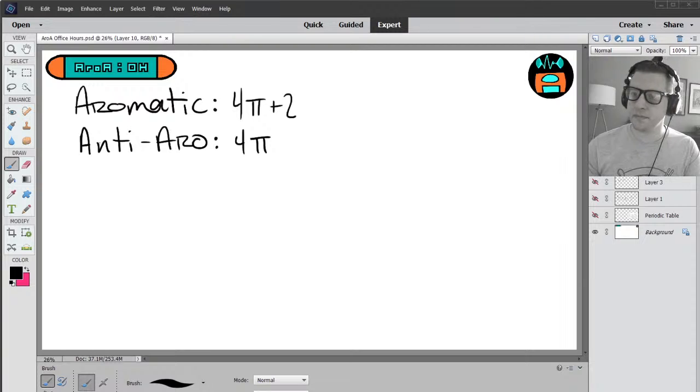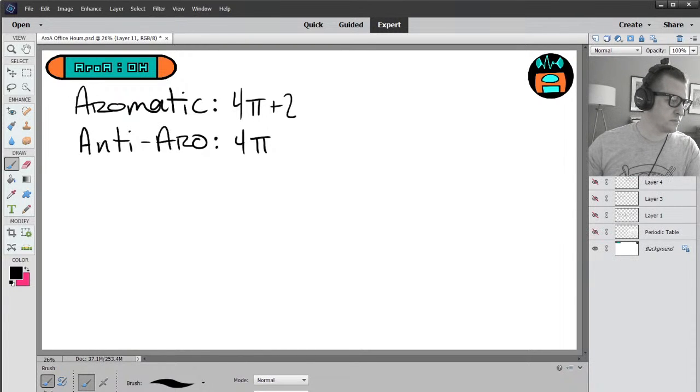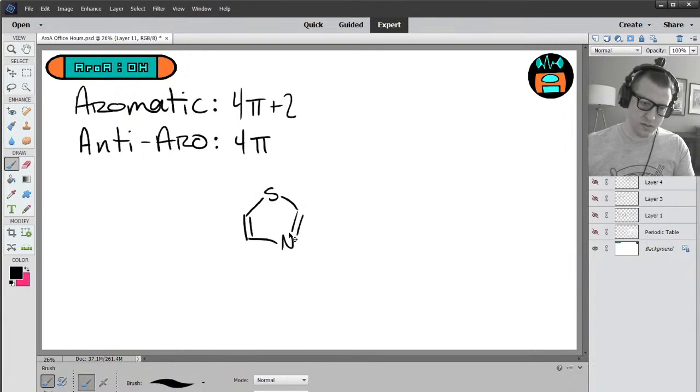this structure is, let me draw it up real quick. And sulfur's here. The question is is this aromatic or anti-aromatic?